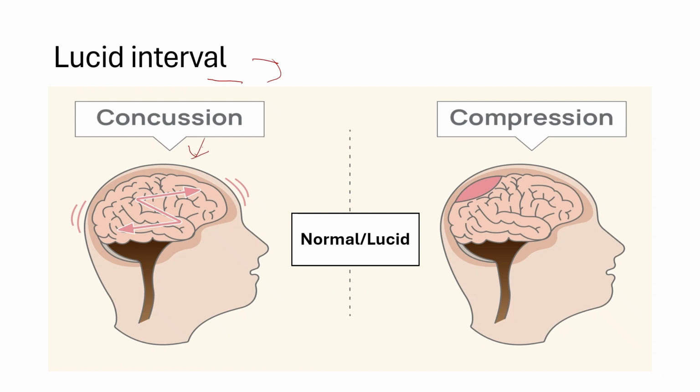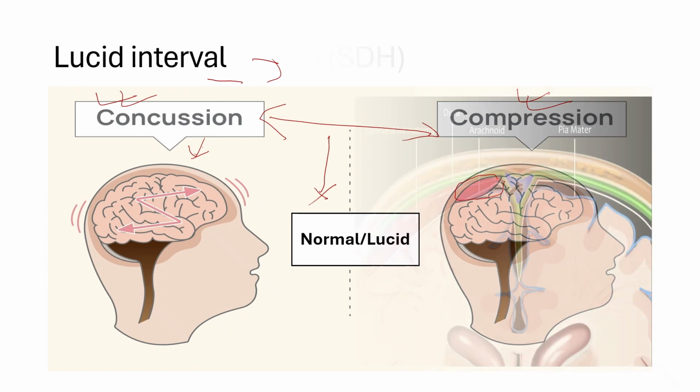The second period of unconsciousness occurs due to the intracranial hematoma compressing the brain parenchyma. In between these two periods there is a period of normal state or consciousness, called the period of lucidity or lucid interval. It is a very important clue for the suspicion of epidural hematoma.